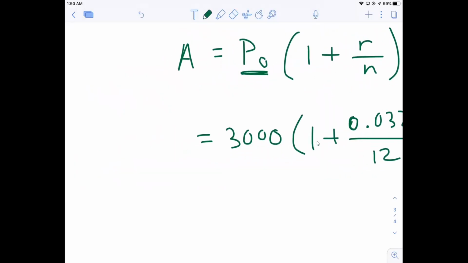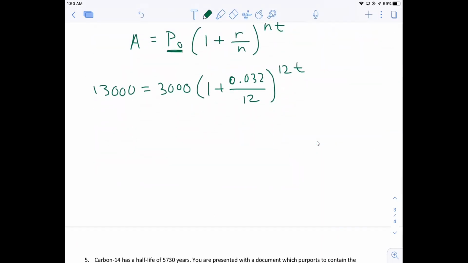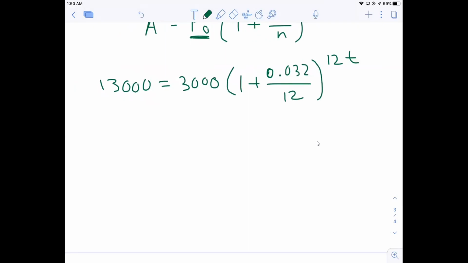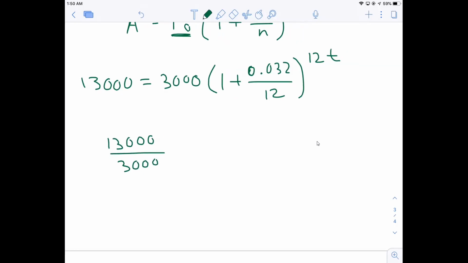It's going to be $13,000, right? 3,000 plus the $10,000 in interest that she wants. So solving this equation, same as before. Divide both sides by 3,000. This will equal 1 plus 0.032 over 12 to the 12t power.